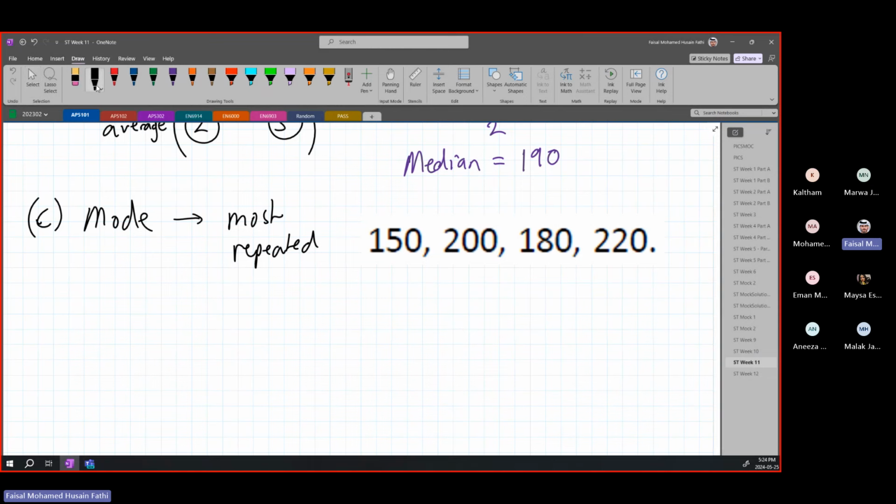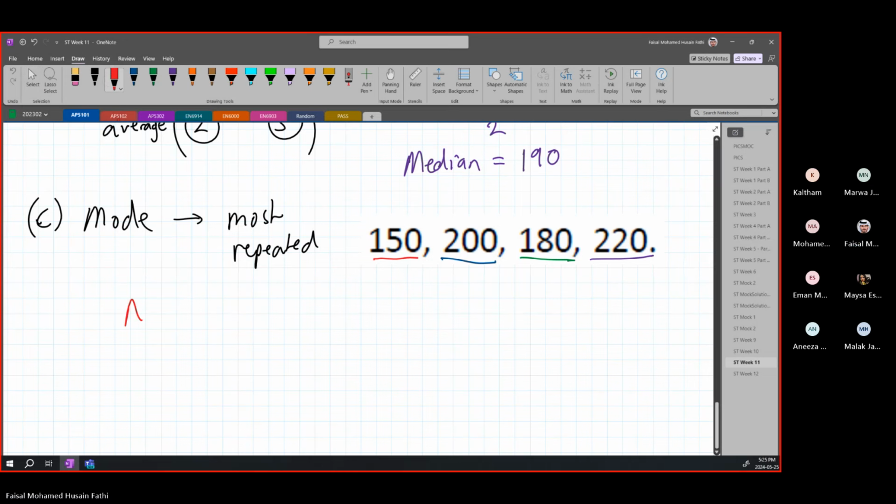We need to look at the most repeated values. 150 is not repeated, 200 is not repeated, 180 is not repeated, and 220 is not repeated. So what does this mean? This simply means that there is no mode existing. All right. So we do not have a mode existing for this question because we do not have any repeated values. There's just one value from each one. So basically we have no mode for this question.